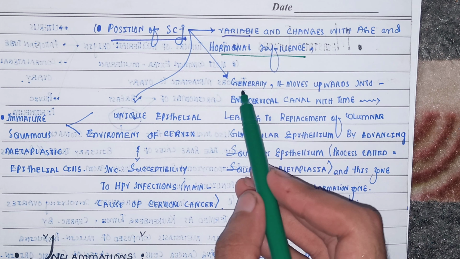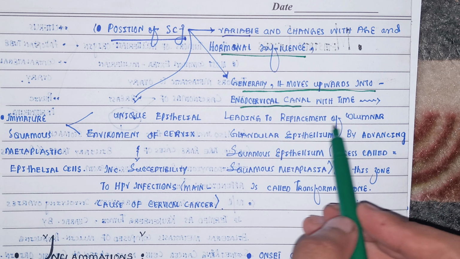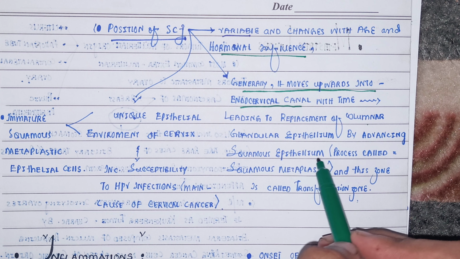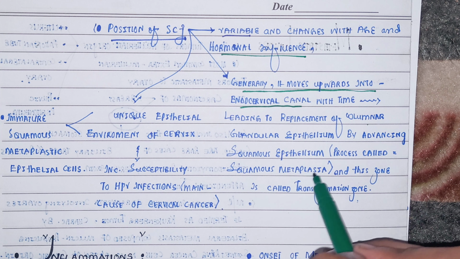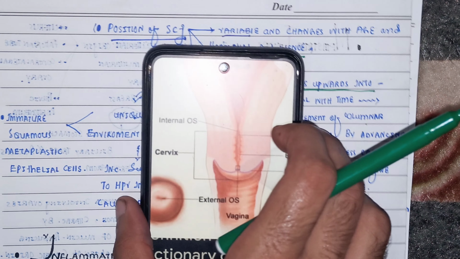Generally it moves upwards into the endocervical canal with time, leading to the replacement of the columnar glandular epithelial cells by advancing squamous epithelial cells, and this process is called squamous metaplasia. Now let me explain what it means, beta, quickly. This is the same picture.